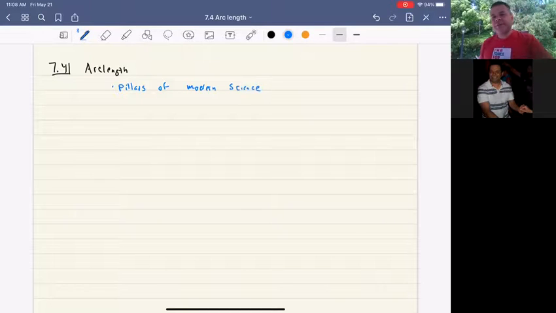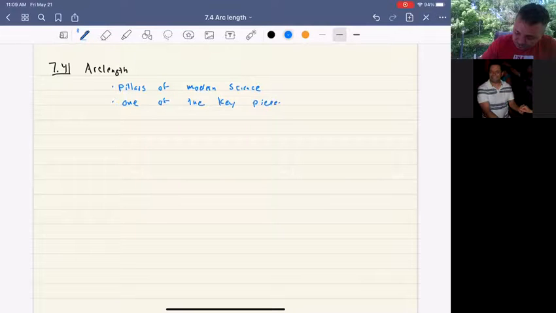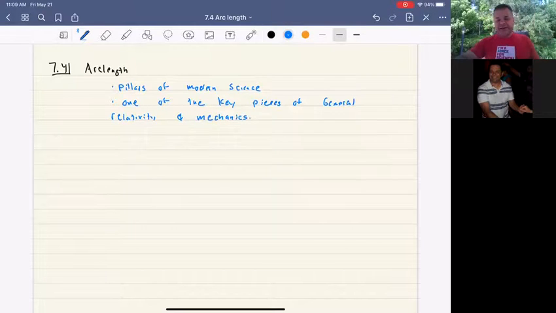But the concept of arc length is one of the key pieces of general relativity, and subsequently mechanics. So what happened was, Einstein developed relativity in 1915, which seems like forever ago.